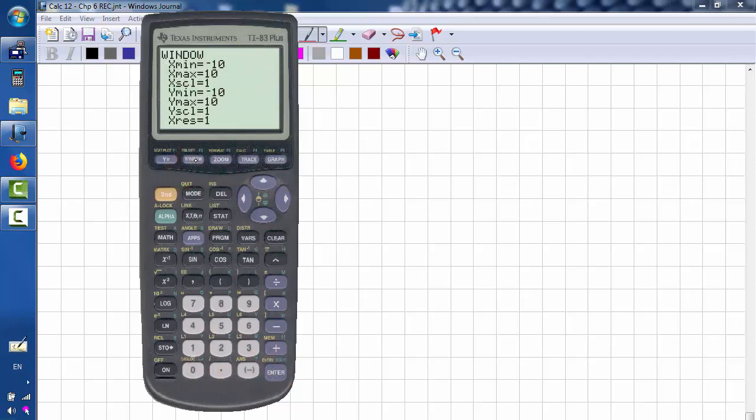Our window, we don't need negative numbers, but it's just interesting to see what the graph's going to look like out there. And let's make our y max 10,000, otherwise we won't see our solution. And graph.